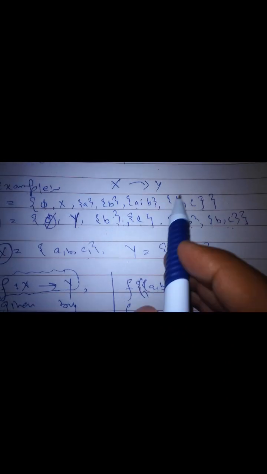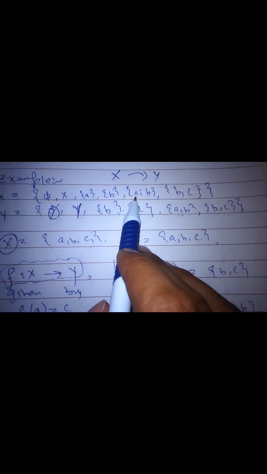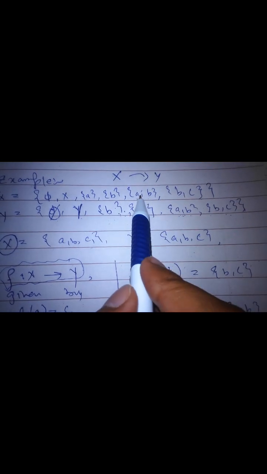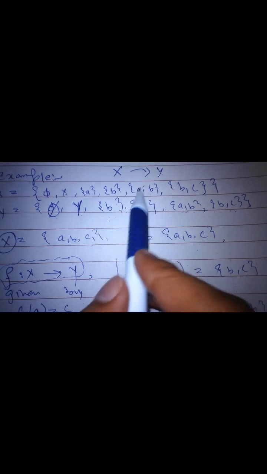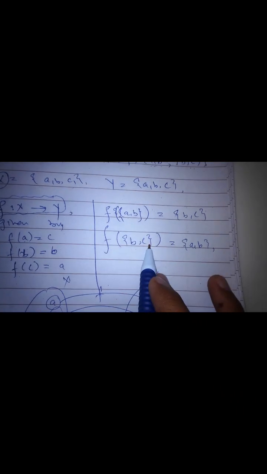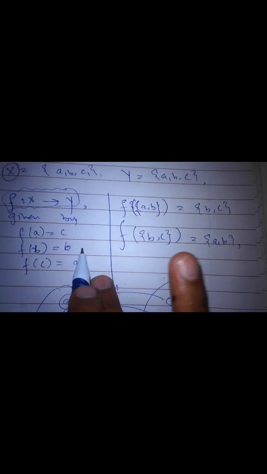So if we substitute {a, b}, we get {b, c}, because the image of a is c and the image of b is b. The image of {b, c} is {b, a}, since the image of b is b and the image of c is a, so {a, b}.